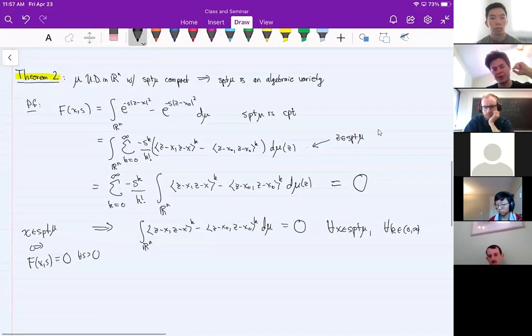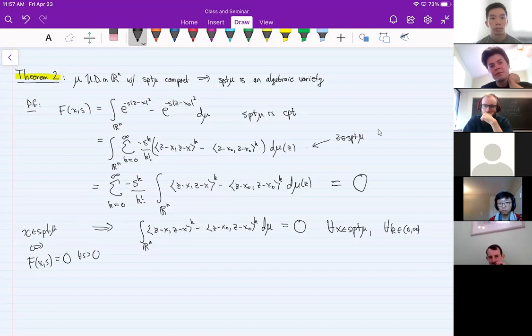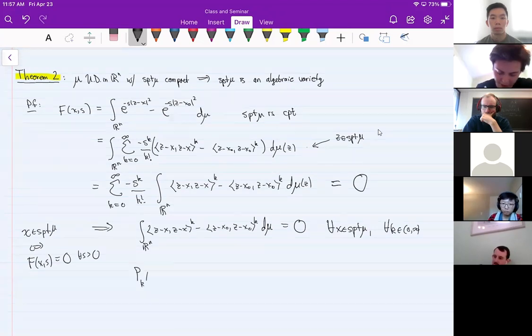Okay, but if you stare at this a little while, for each k, this is a polynomial in x. If you expand these inner products and then integrate, you get coefficients which are integrals over z, and it's a polynomial in x, so I can define p_k of x to be this guy.